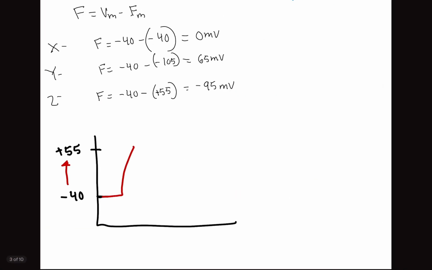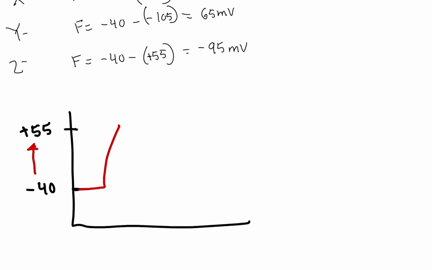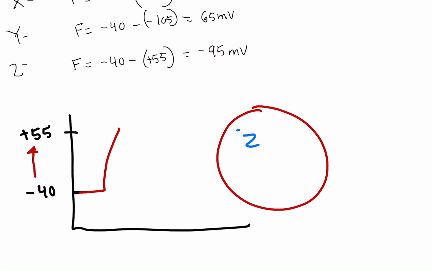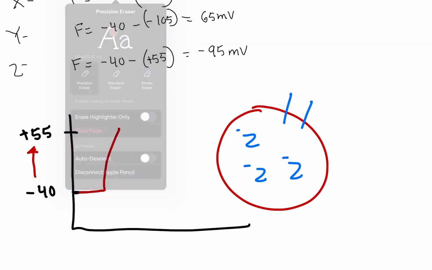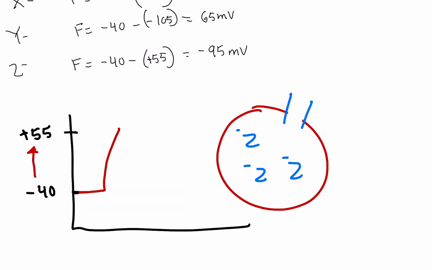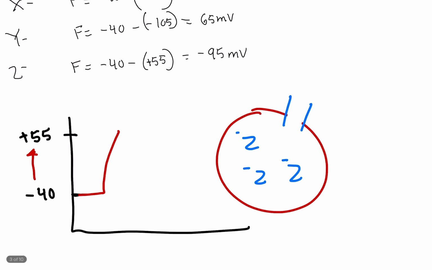Why? Notice that we have our cell here, and we have Z ions, and then we have a channel here. If we're going from negative 40 to positive 55, we're getting more positive. So that means Z ions, because they're negatively charged, are going to go outside the cell, meaning the cell will get more positive.